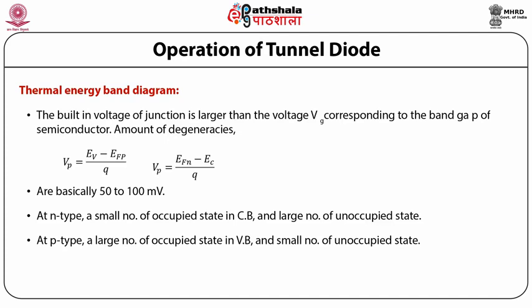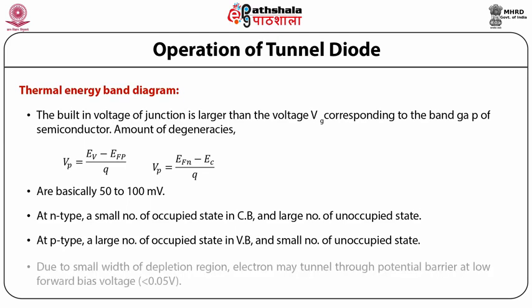As you can see from this figure, the Fermi level is constant across the junction and the width of the depletion region, that is W0, is very small, approximately 10 nanometer. So due to the small width of the depletion region, electrons may tunnel through the potential barrier at low forward bias voltage.